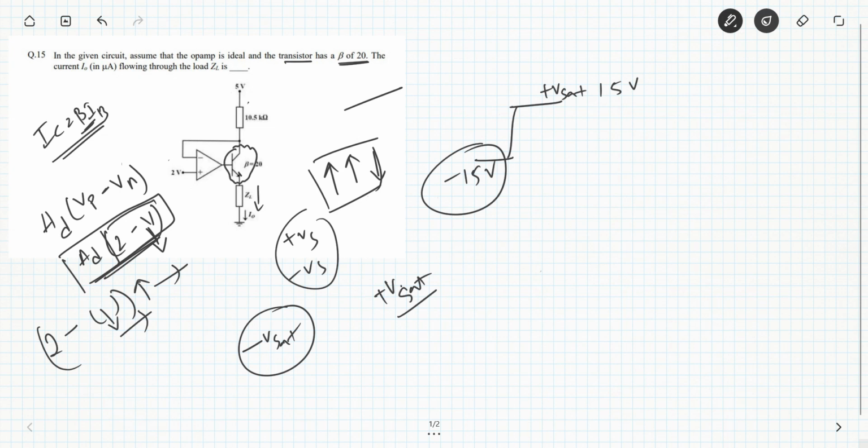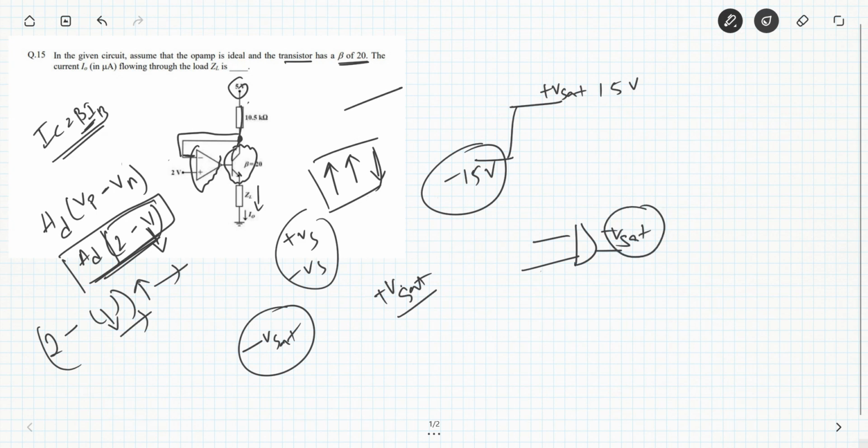If we assume minus Vsat, this means there is no current flowing through the BJT, which means it's turned off. So the current will be zero. When the current is zero, the total 5 volts will appear across it, and because there is no feedback loop here, the op amp will act like a normal differential amplifier. Because the voltage at the inverting terminal is higher, the output will obviously be minus Vsat.